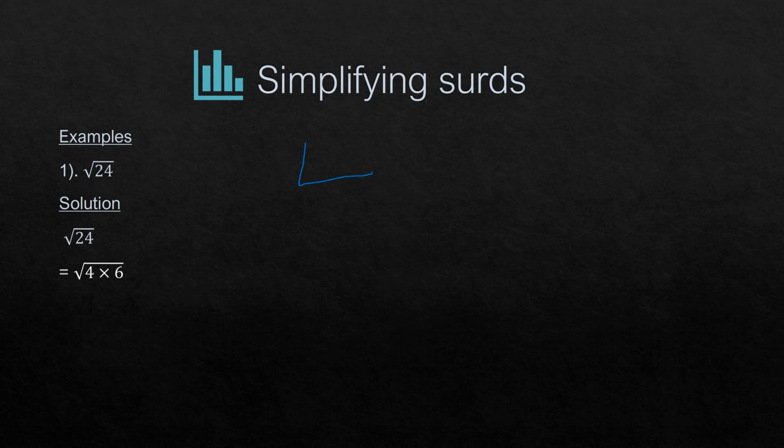So let's examine 4 and 6. 4 is a perfect square, and the square root of 4 will give you an exact number, which is what? 2, right? Let's continue. So the square root of 24 will be the same as the square root of 4 times 6, the same as the square root of 4 times the square root of 6.